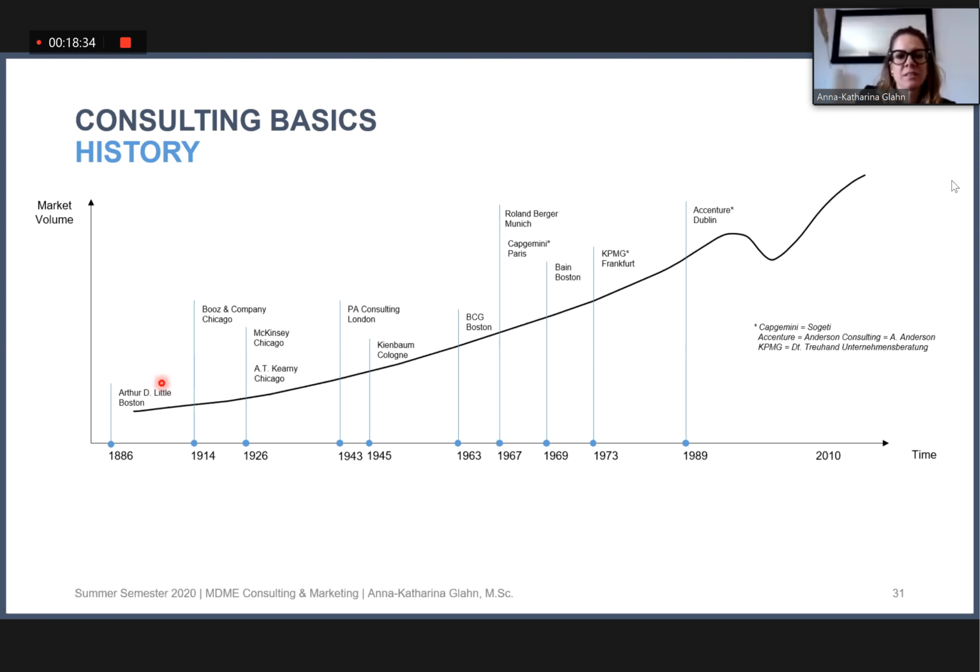And as you can see, a lot of consulting companies followed. Of course, it's not all of the companies, just some names you probably already heard, like McKinsey, for example.